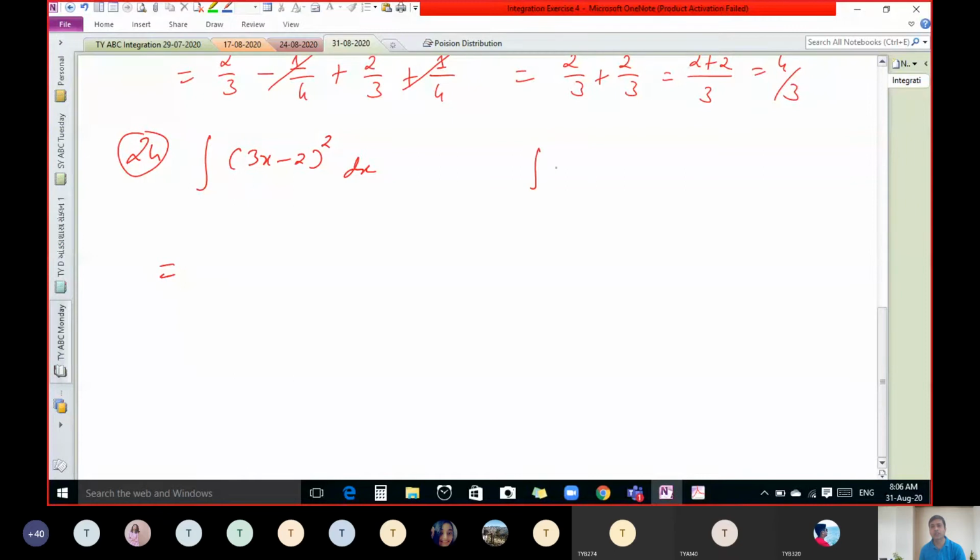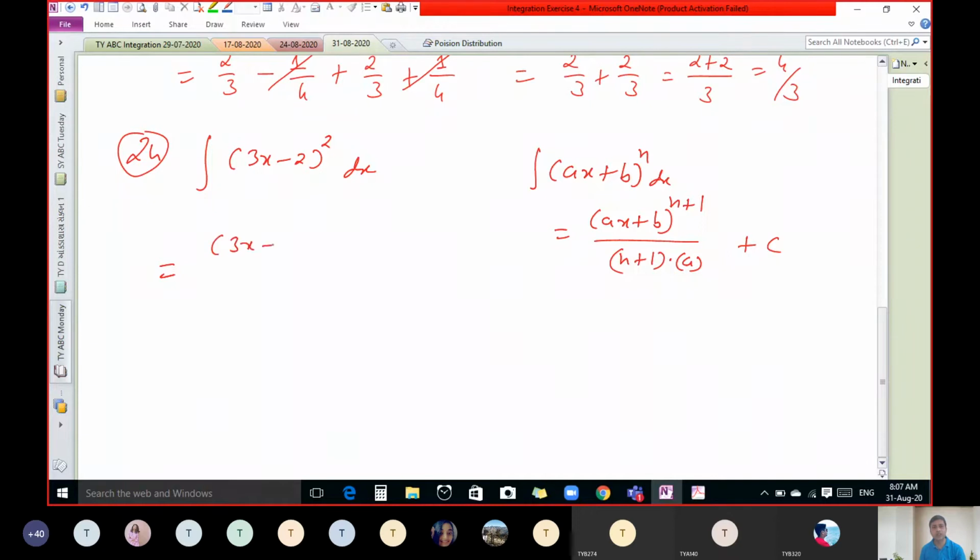Here we have to use this rule because it's a linear function. What is the answer of this type of question? (ax plus b) raised to n plus 1 upon n plus 1 into the coefficient of x, that is a, and here you have to write plus c. So let us find the answer of this, same like this.